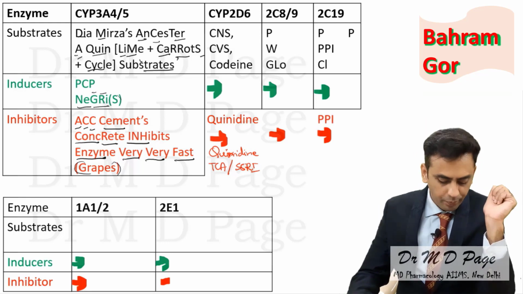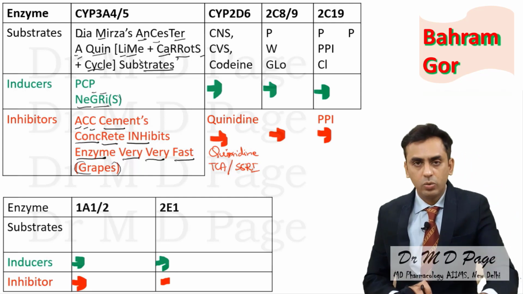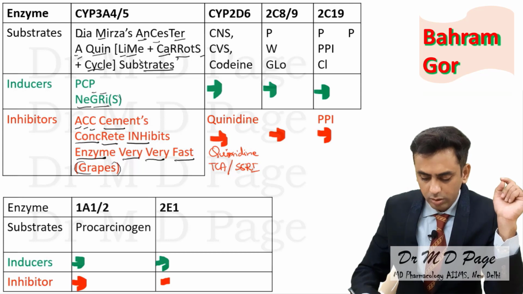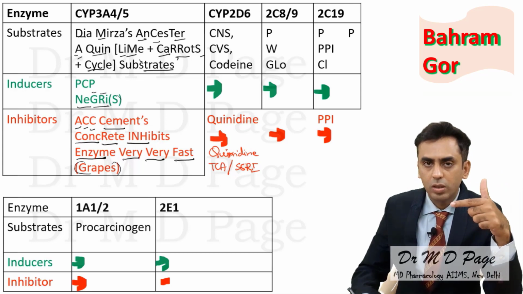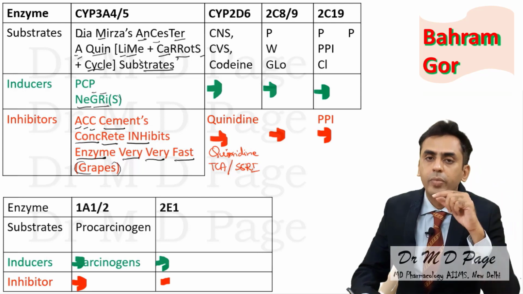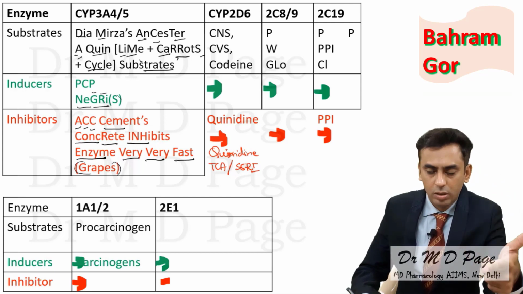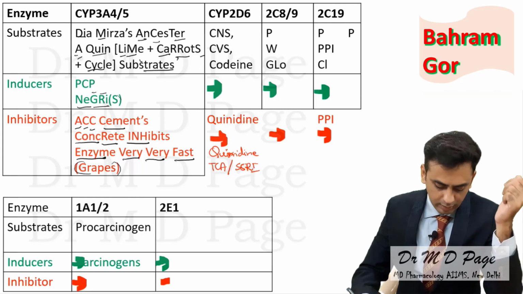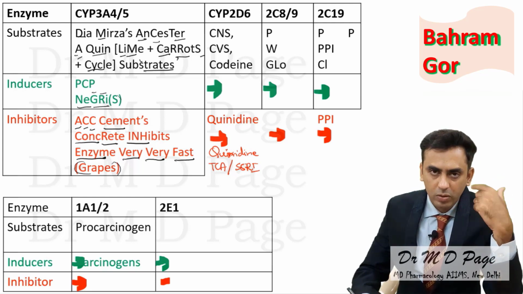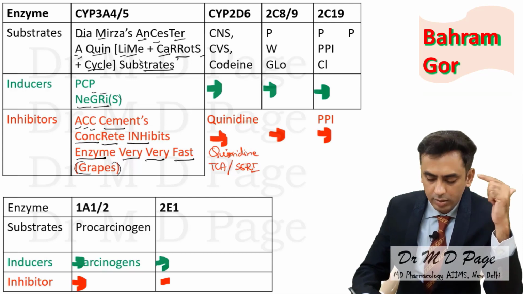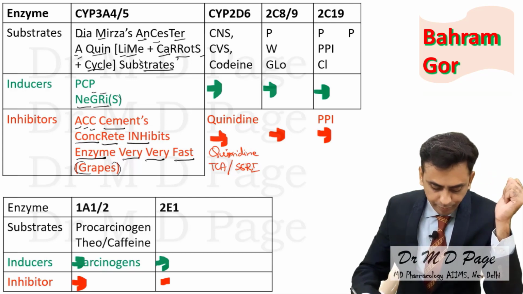In CYP1A1, 1A2, what I said, you have to remember one thing, that it activates pro-carcinogens, so because it is a pro-carcinogen activator, inducers will be carcinogenic substances like smoke, polycyclic hydrocarbons, char-broiled meat, etc. And you can remember a few more drug substrates of this 1A1, and they are theophylline and caffeine.